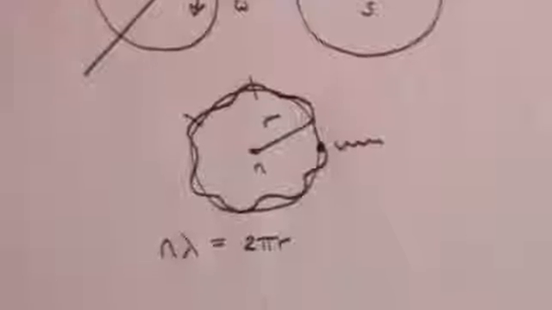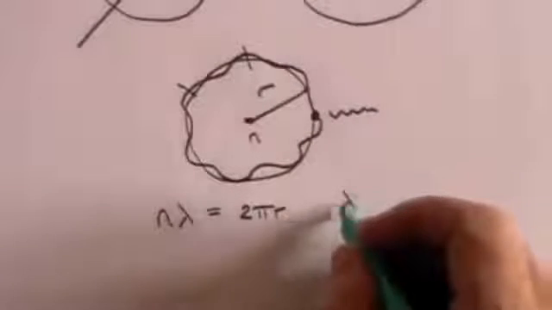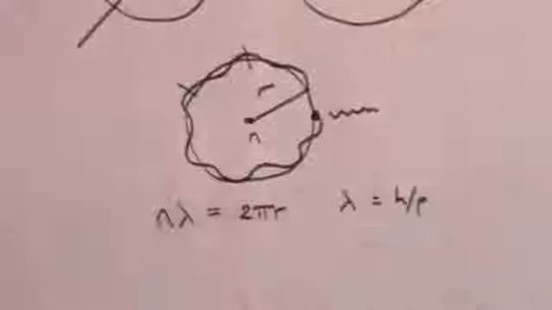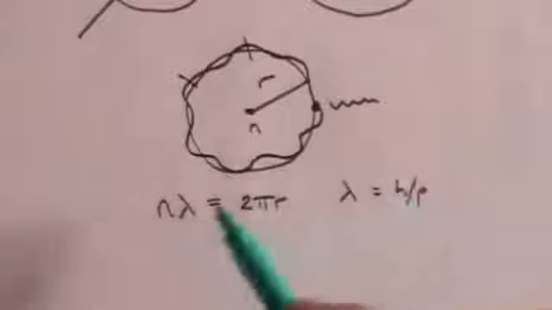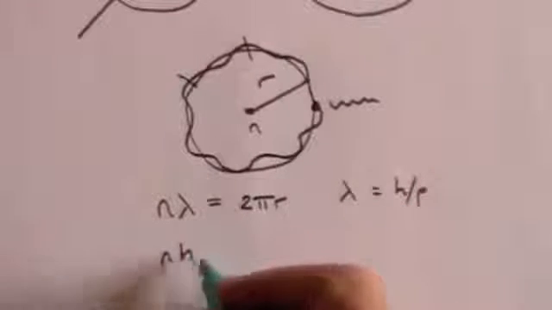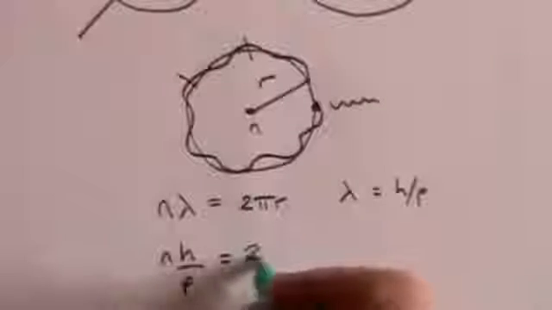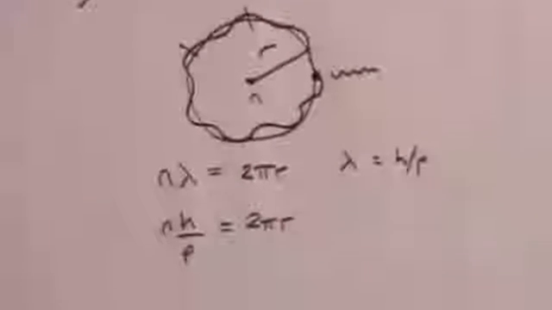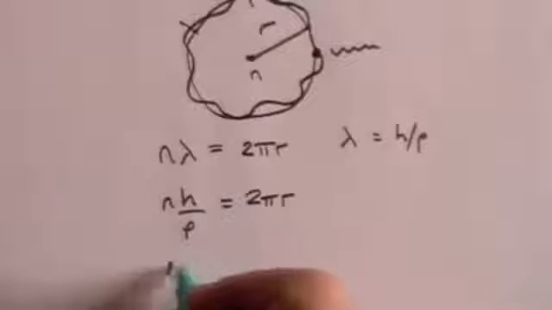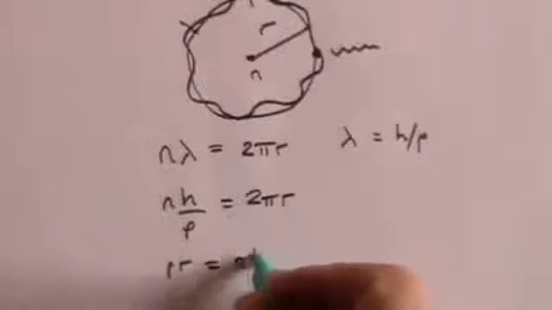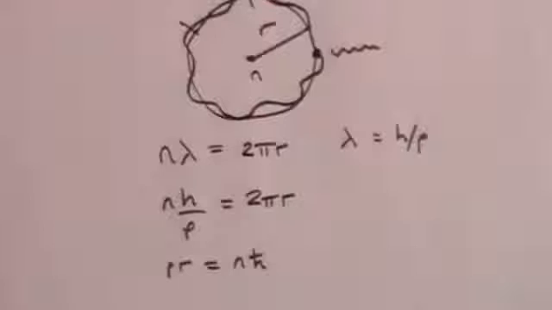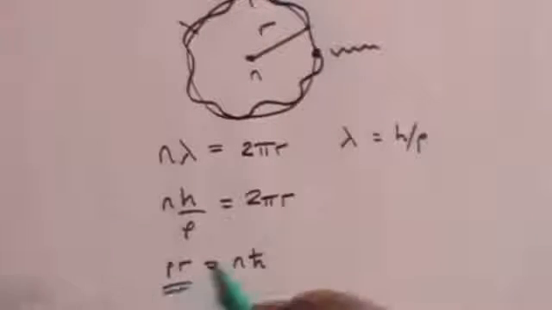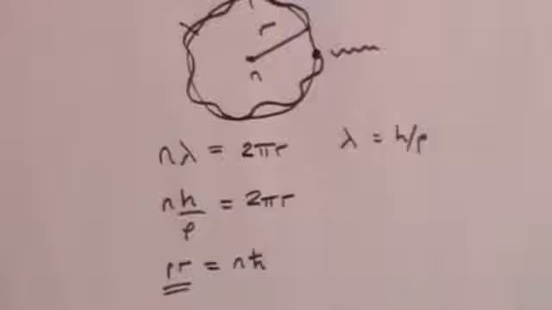And then we remember the de Broglie formula that lambda equals h over p, and so we put lambda into here, and we've now got that nh over p is equal to 2 pi r, and from that you can see that pr is equal to n h bar, where h bar is h over 2 pi, and pr is classically what we call angular momentum.